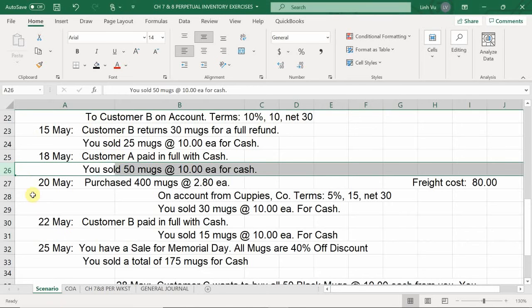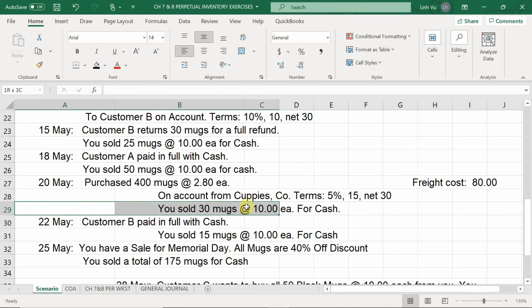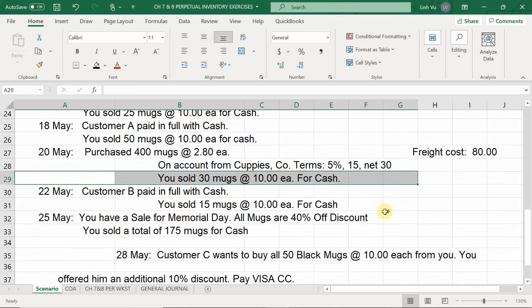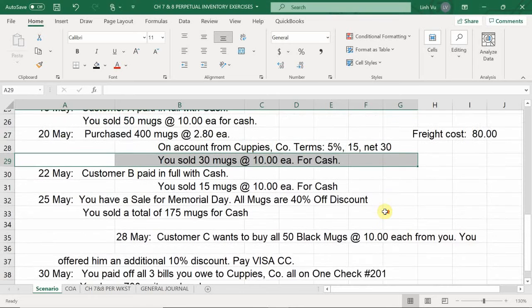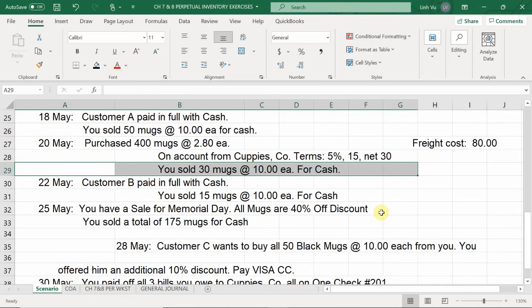All right, so that was on May 20th. We also sold an additional 30 mugs for cash, $10 each.